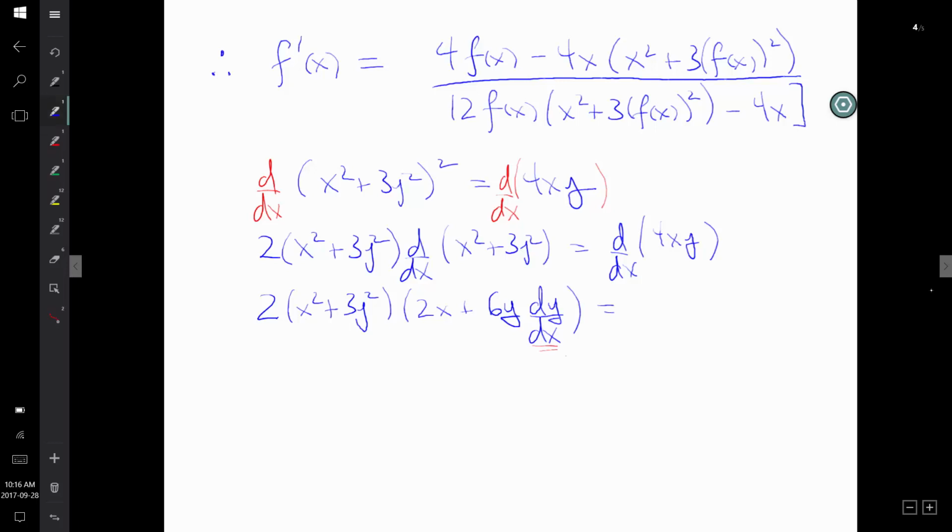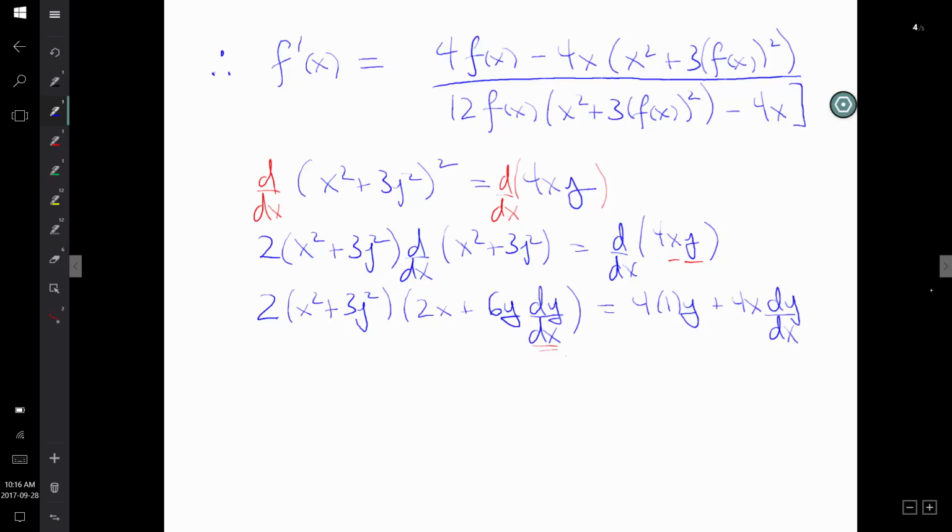On the other side, I still think of this as a product, 4x times y. So I take the derivative of x, I get 4 times 1 times y, and then 4x times the derivative of y. What's the derivative of y? dy dx. Okay. Now, let's expand things out here.